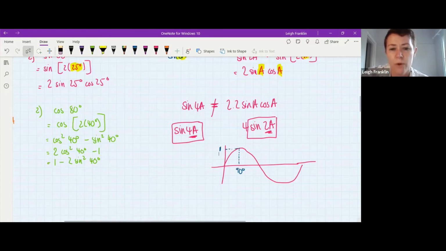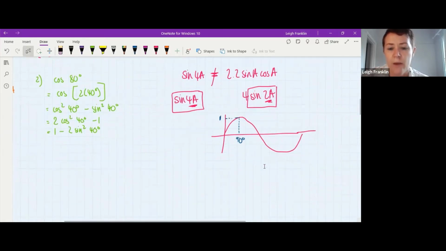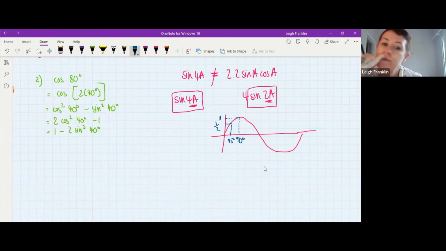It's one of your special angles. But if you work out the sine of 45, in other words if we halve the angle, since 90 is double 45, is the sine of 45 one over 2? That's not right, is it? Just because we halved the angle doesn't mean that we can halve the ratio.